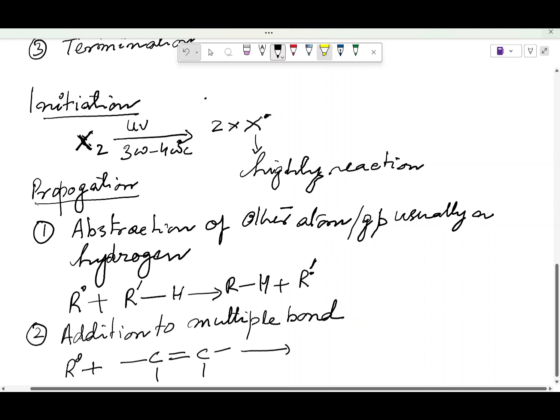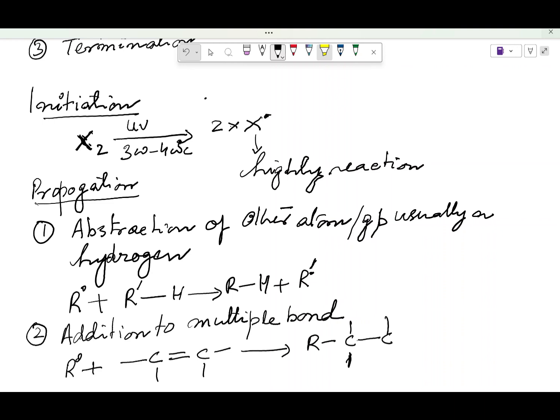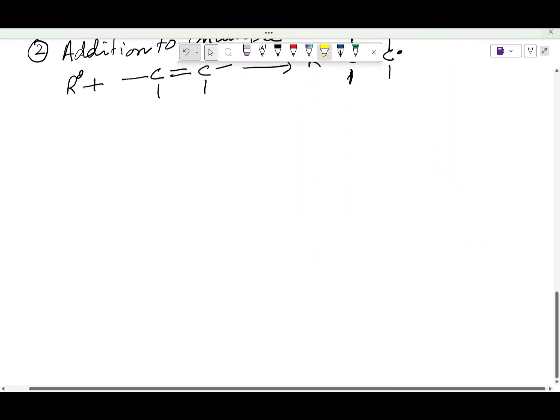And here it will generate this, another type of free radical. This is the second type of the reaction.